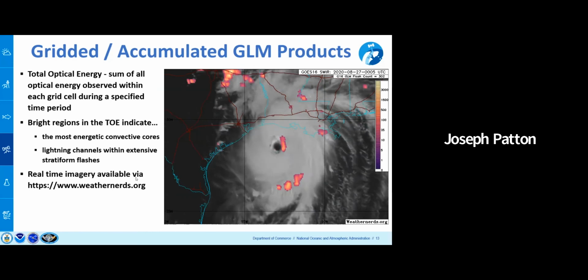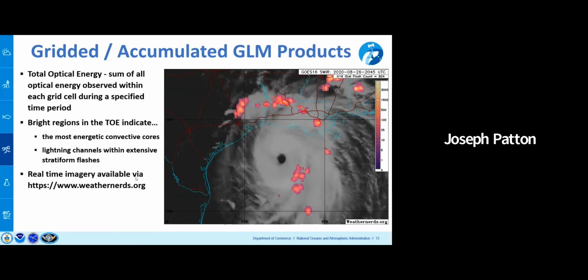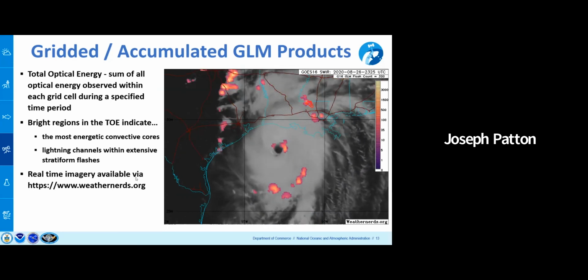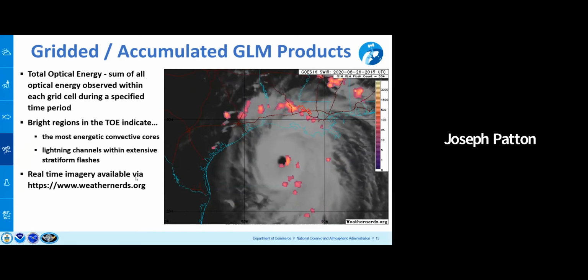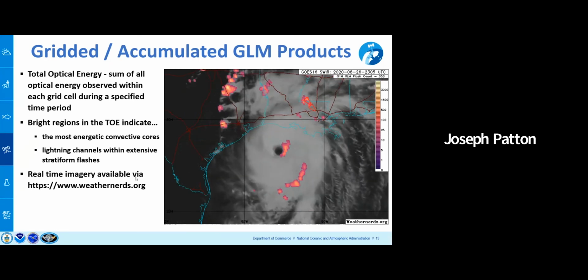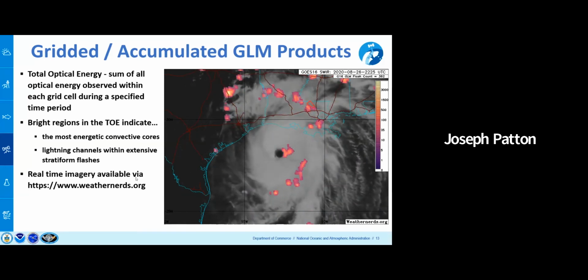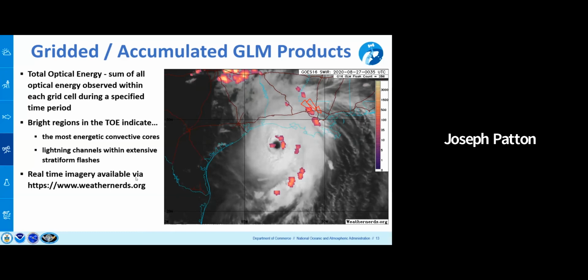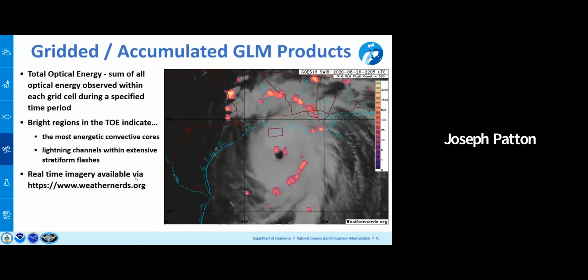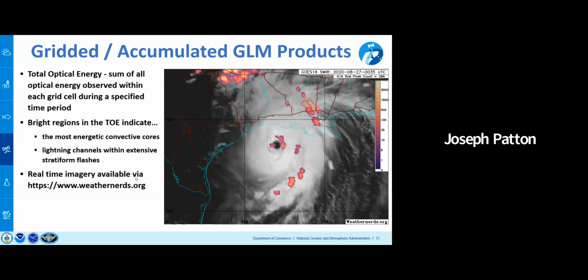Okay, and the third gridded product that we want to talk about today that's most widely used is called total optical energy, or TOE. And total optical energy is what it sounds like. It's just the sum of all the optical energy or brightness observed within each grid cell during that time period.